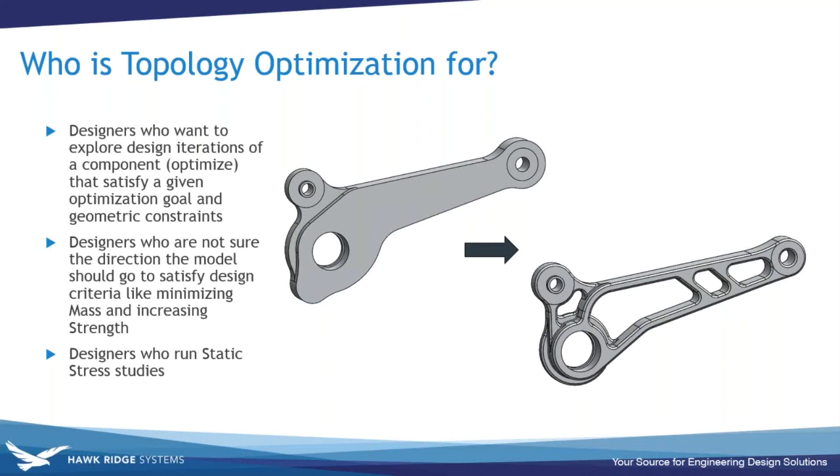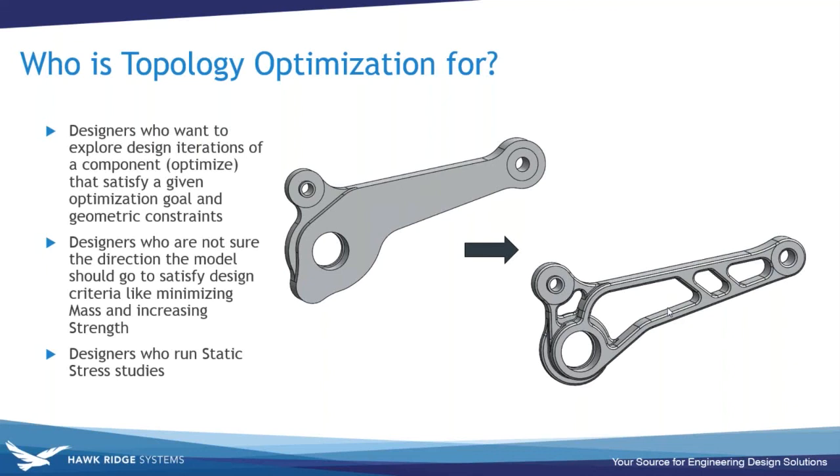So as designers, you need to meet some sort of design criteria, whether it's not exceeding a certain stress level or not deforming a certain amount, right? In this case, we can take some of those elements and take you into a direction where you may not have considered a design option like what you see here that still satisfies those needs, right?